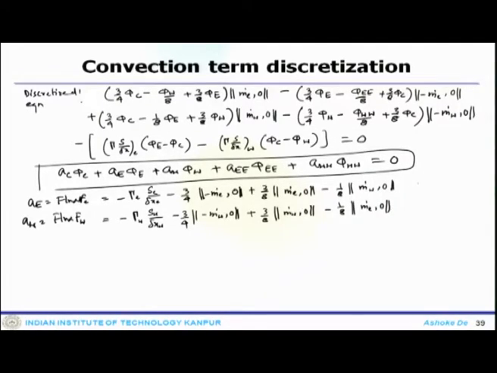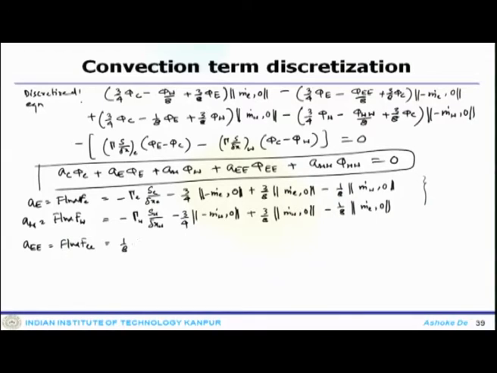So, the pattern for these coefficients is pretty much similar if you can notice, but these look similar because we have assumed a uniform grid system here. If the grid is non-uniform, these terms would look completely messy or rather complicated, but the formulation will not change.